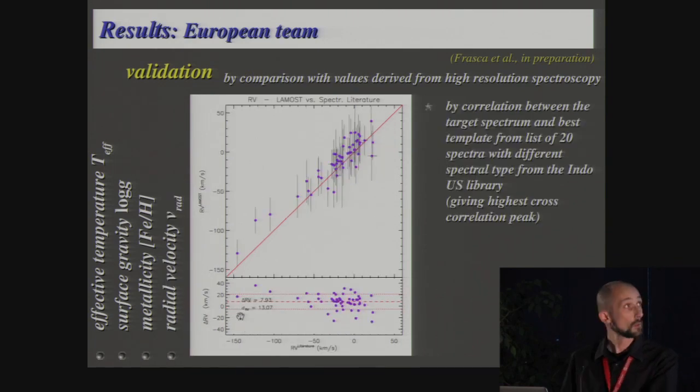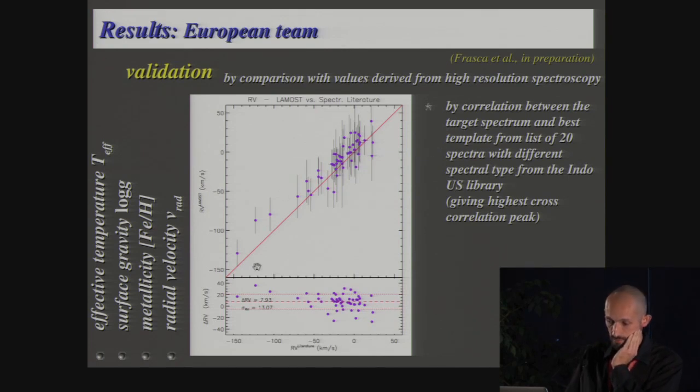We also try to determine the radial velocity, and we did this by making a cross correlation between the observed spectrum and the best template from a list of 20 spectra with different spectral parameters from this library that we use. And the best is considered as the one which gives the highest cross correlation peak.